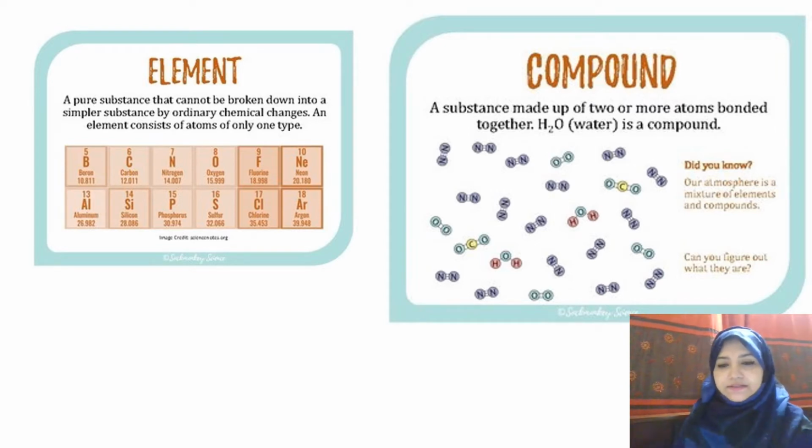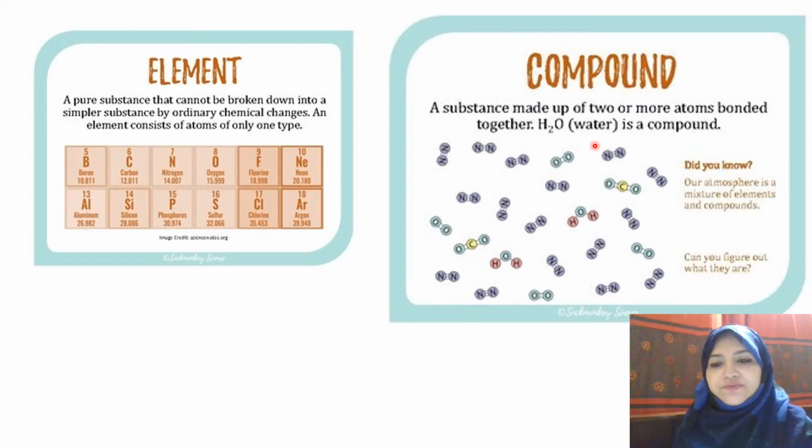And the example mentioned here is the water molecule. Water is a compound, and you can easily observe from the chemical formula of this compound. Every compound has a specific chemical formula, and for water this chemical formula is H2O.